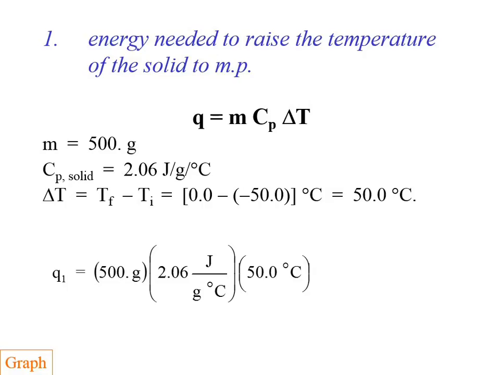And the change in temperature from that -50 to 0 is 50 degrees Celsius. And rounding to 3 significant figures, I'm tacking on a term to convert it to kilojoules, 1 kilojoule over 1,000 joules. And now 3 significant figures, I get 51.5 kilojoules.